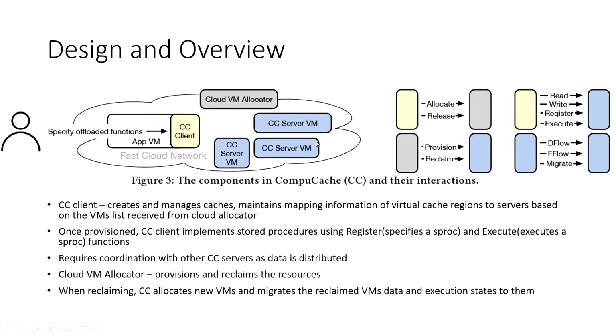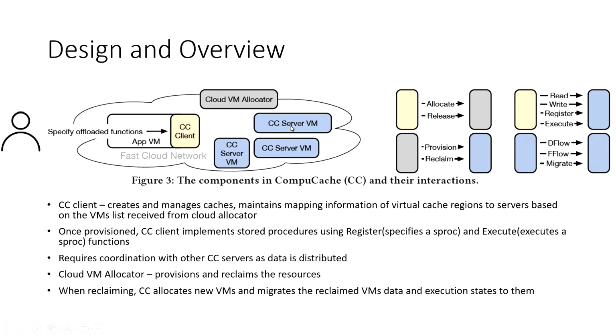Once the cloud VM allocator receives the allocate method from the CC client, it will look through all the Spot instances it has and see if it can allocate from the existing allocated memory of existing Spot instances. If not, it will try to reclaim one of them to see if any of the Spot instances are no longer used.